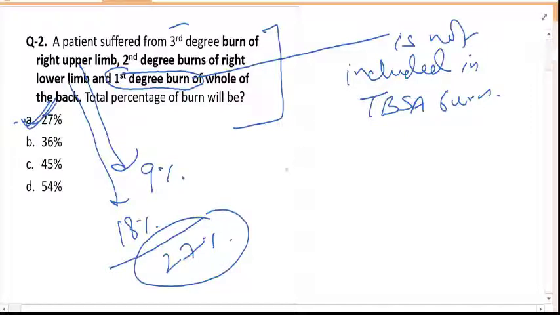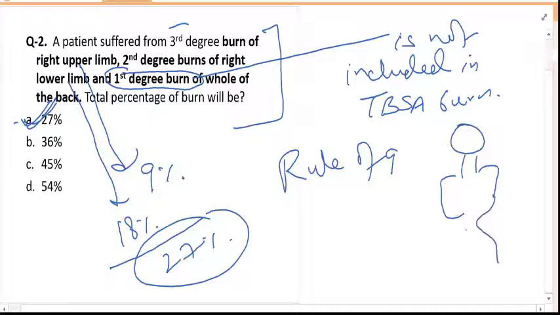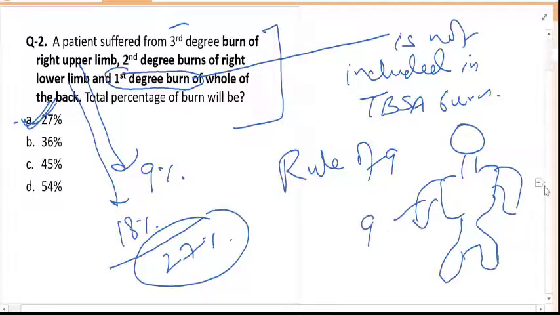So if we calculate by rule of 9, we all know rule of 9, Wallace rule of 9. 9% each for upper limb, 18% each for lower limb, 18% for the front of trunk, 18% for the back of trunk, 18% for the head and neck area, and 1% for the perineum.